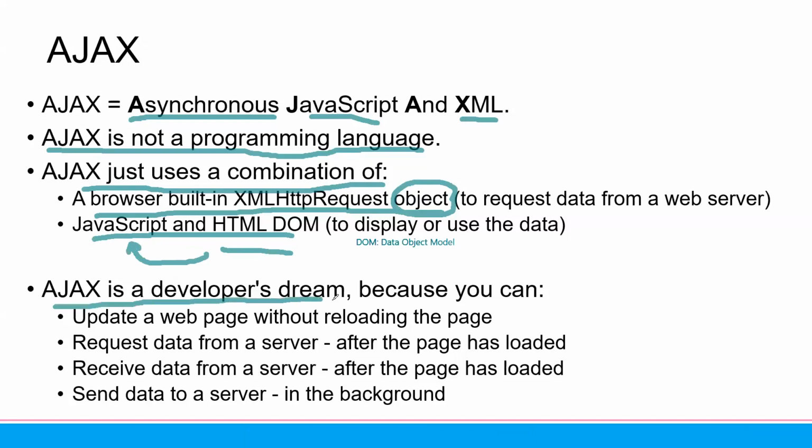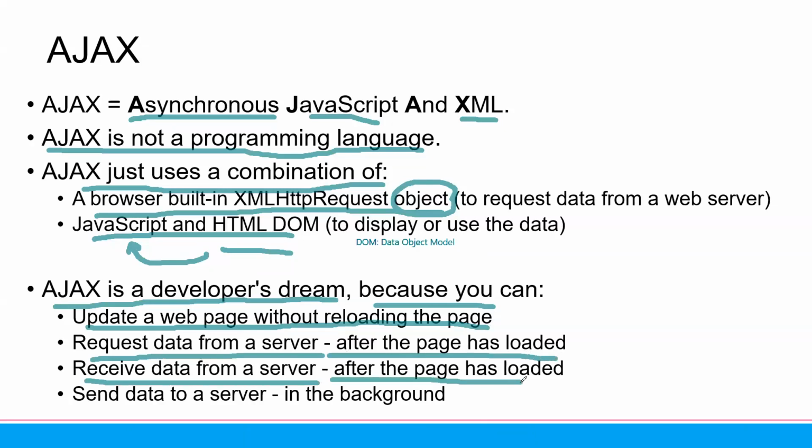Ajax is a developer's dream, because you can update a web page without reloading the page. When you are using any web page, if you want to reload something, you need to refresh and reload all the pages. With Ajax, you can request data from a server after the page has been loaded, and send data to the server in the background.